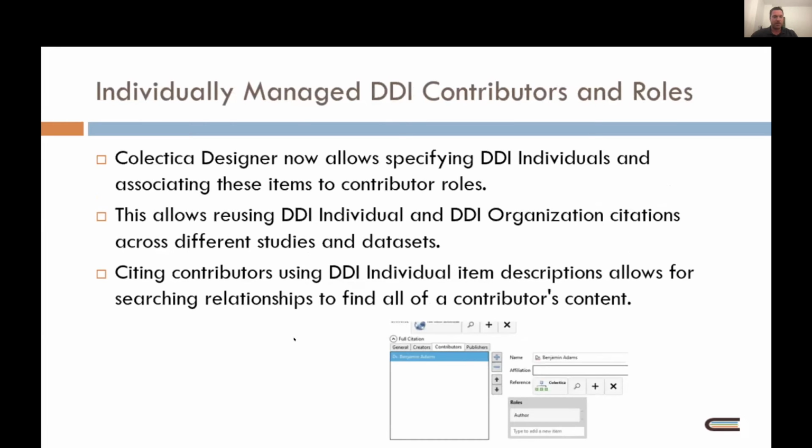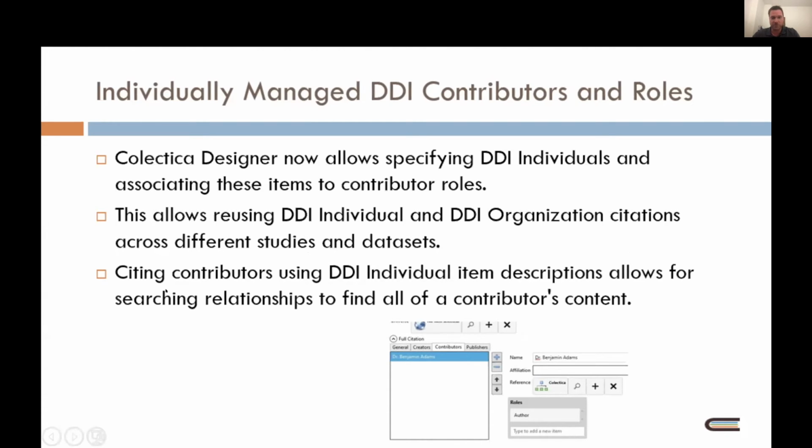So next feature, still talking about Colectica 6.2 here, individually managed DDI contributors and roles. So Colectica Designer is now allowing specifying DDI individuals and associating those items to contributor roles. So essentially that allows reusing the DDI individual and DDI organization citations across the different studies and data sets.